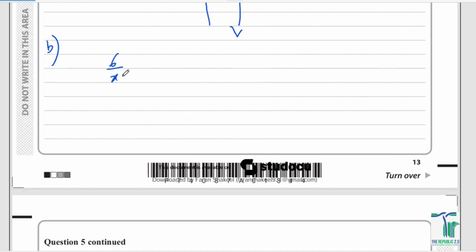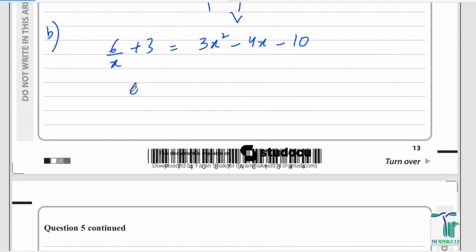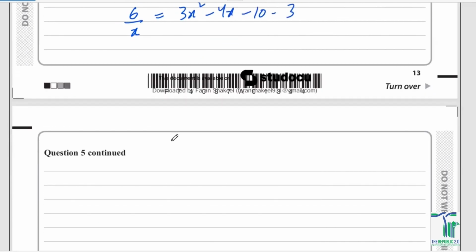So I'll be having 6 upon x plus 3 equals 3x squared minus 4x minus 10. You need to move this 3 to the other side, and you would have 6 upon x equals 3x squared minus 4x minus 10 minus 3. Then I would have 6 upon x equals 3x squared minus 4x minus 13.